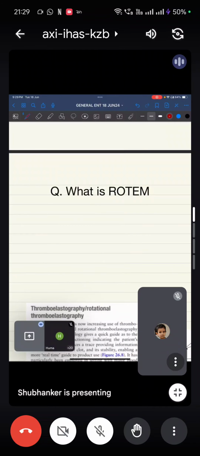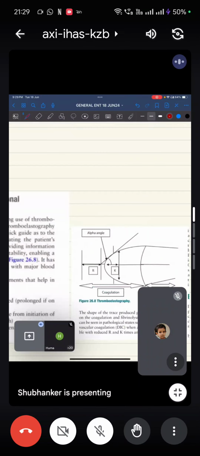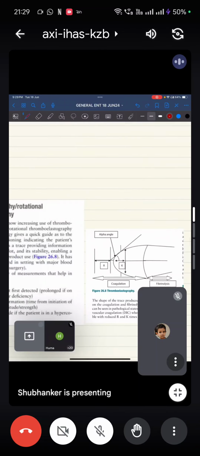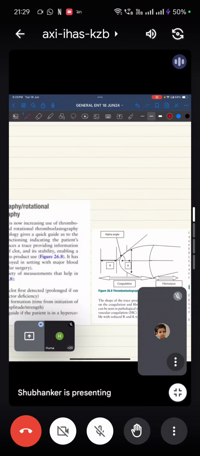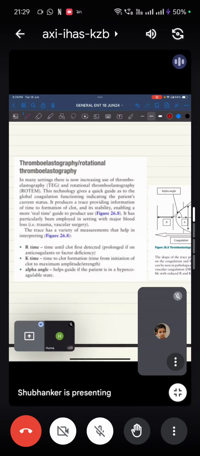Okay. So again, moving ahead in the hematology section, there is again a very good image given, something like a fancy rocket sort of diagram, which can be a potential question: what is ROTEM, what is alpha angle, or if they are more constipated, they can ask what is R time, what is K time, what is alpha angle.